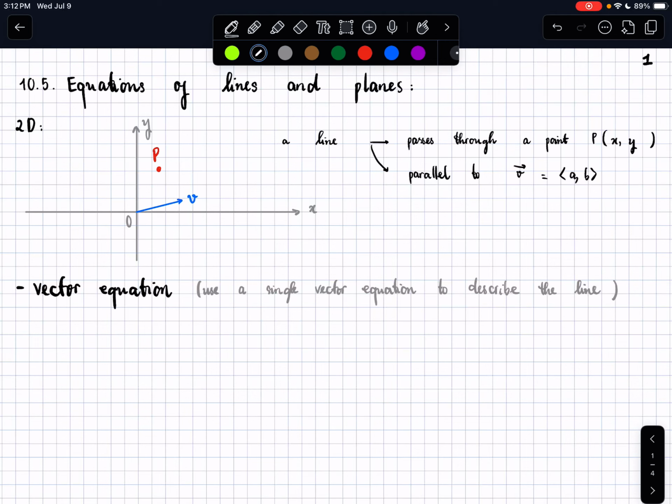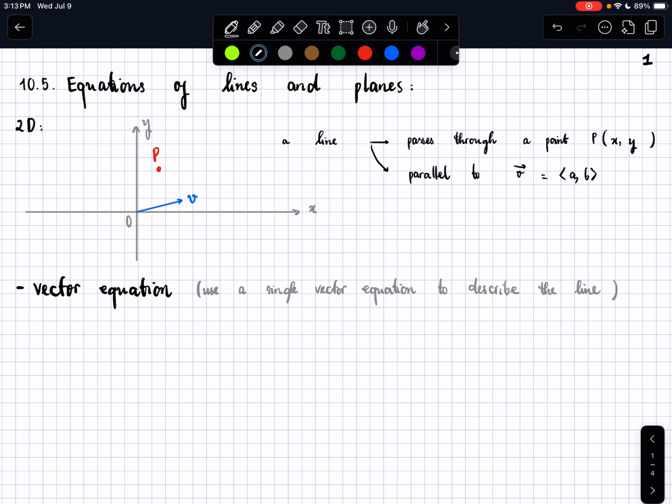Equations of lines and planes in the two-dimensional case. So on the OXY plane, we can write the equation of a line if we are given the coordinates of a point that is on the line, and if we know the direction of the line.